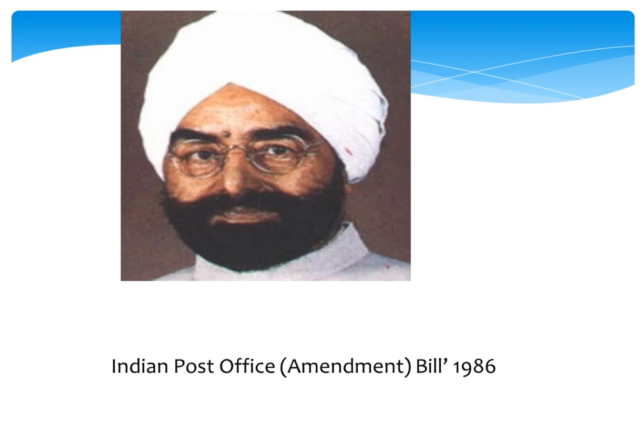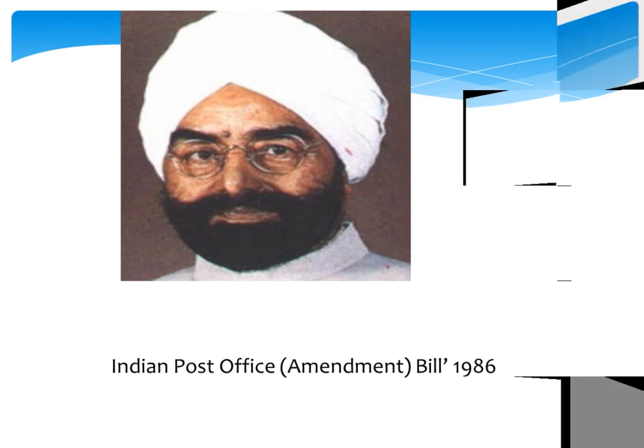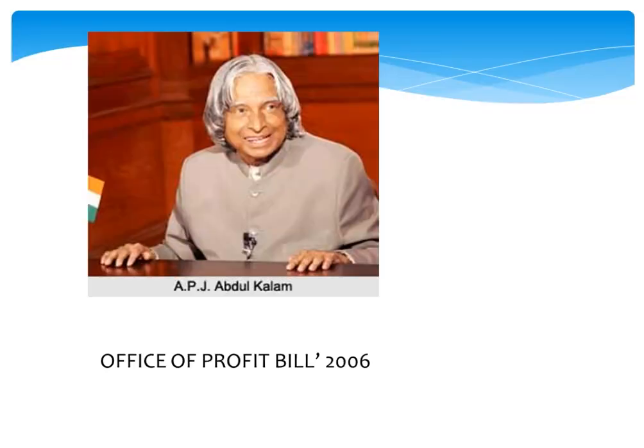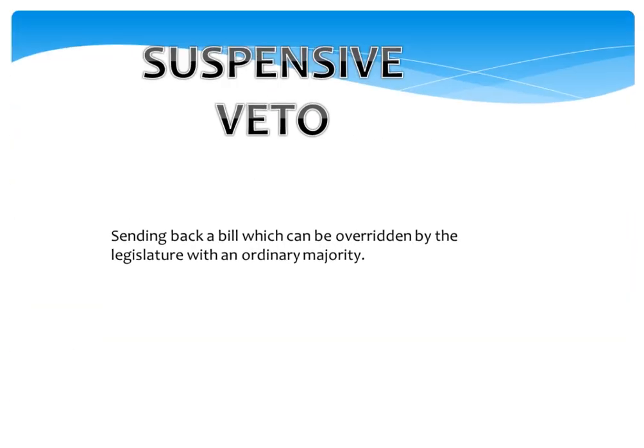So we have missed one power, the qualified veto. We have the suspensive veto and the qualified veto. There is a minute difference between them, but in India the president does not have the qualified veto power.